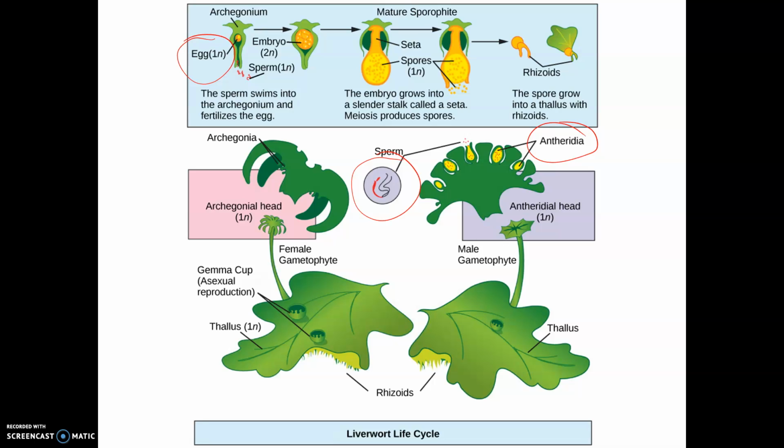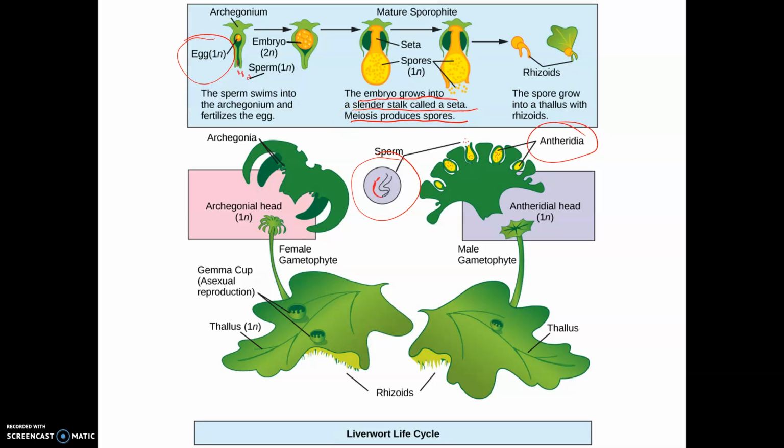So the sperm swims to the egg and fertilizes it, and that becomes a zygote, and the zygote grows into an embryo, and the embryo grows into a slender stalk called a seta, and that's where meiosis occurs, and meiosis produces spores, and those spores are haploid.